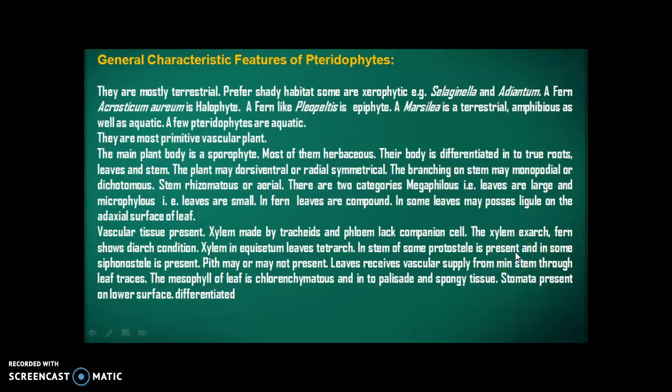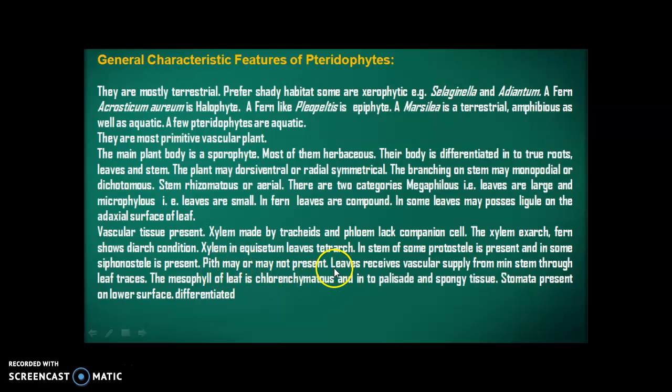The arrangement of xylem may be exarch, that may be diarch. In Equisetum leaves, they are tetrarch. In the stem of some pteridophytes, the protostele is present, and in some siphonostele is present.